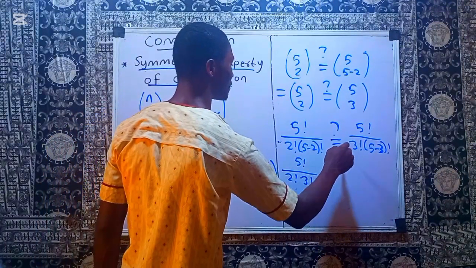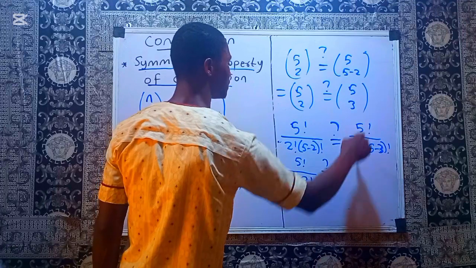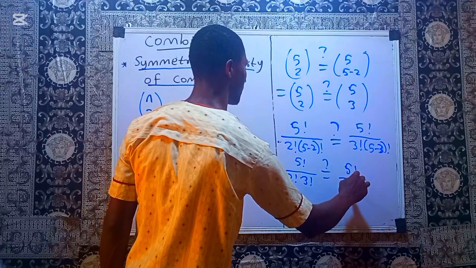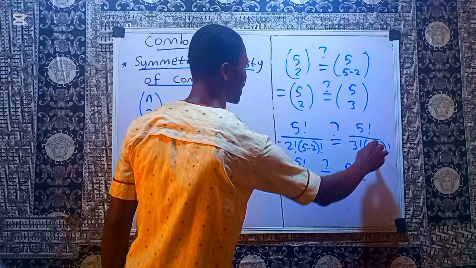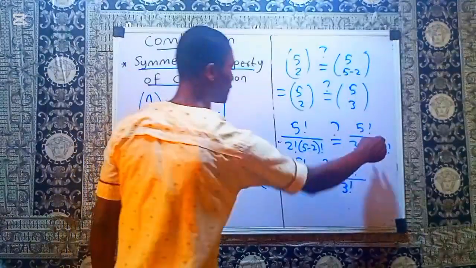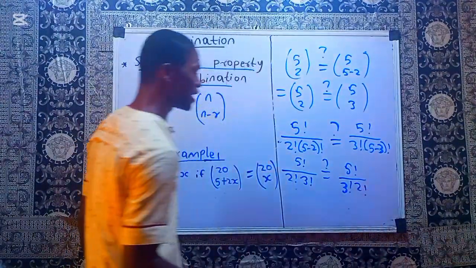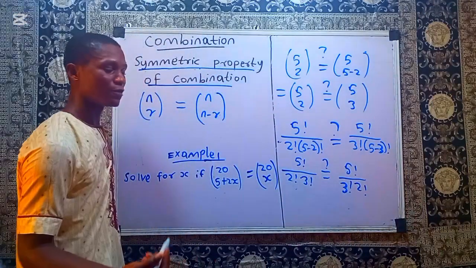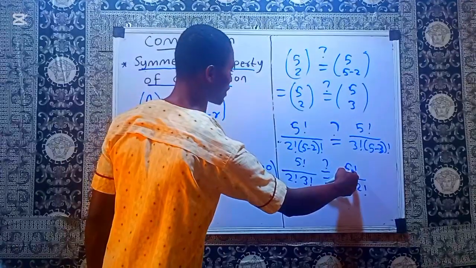Then we want to check whether it is equal to, this place is what? 5 factorial, all divided by 3 factorial. Then 5 minus 3 is what? 2. And we have factorial, that's 2 factorial. Now the question is this thing and this thing, are they the same? We have 5 factorial up, we have 5 factorial up here.